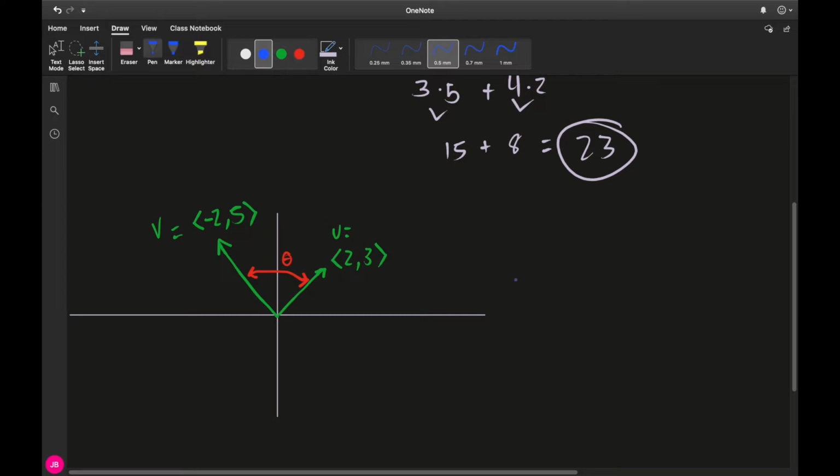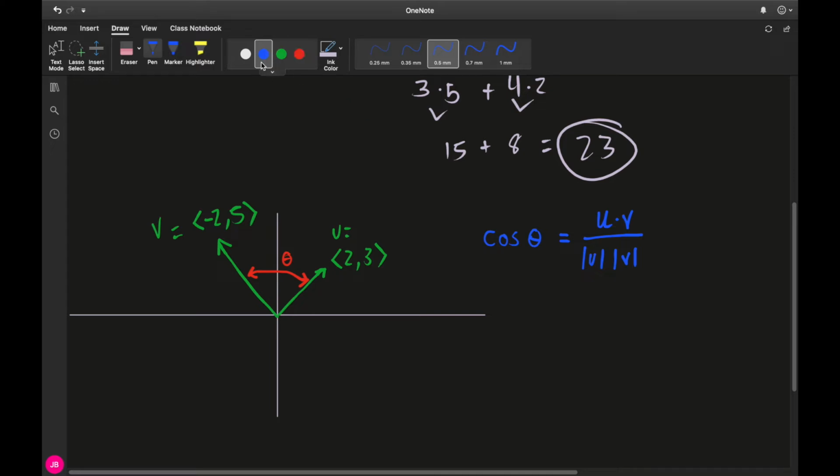Now there's actually a formula for doing this. There's actually a theorem that goes with this, and the theorem is that the cosine of theta is equivalent to the dot product u dot v divided by the multiplication of the magnitude of both of them.